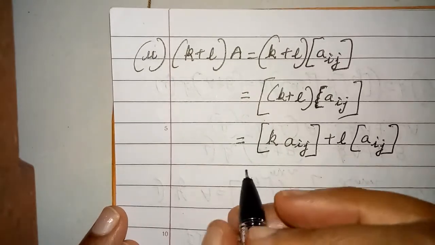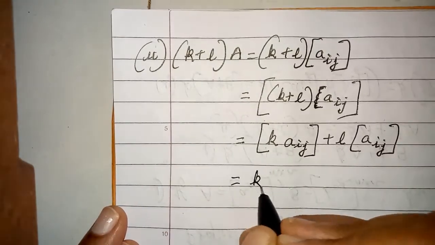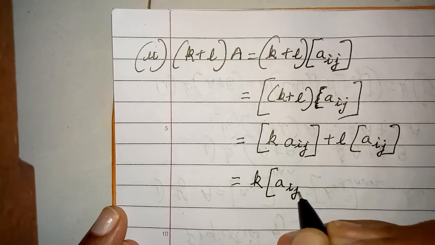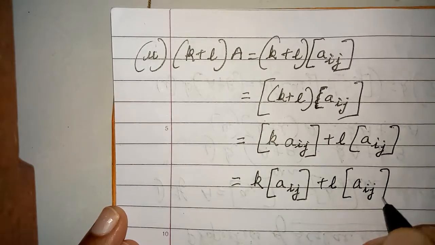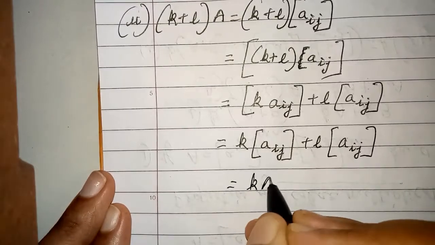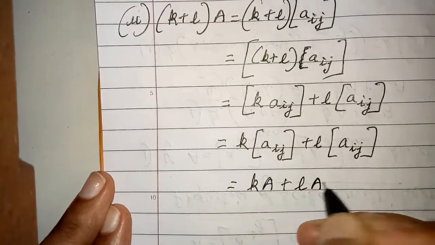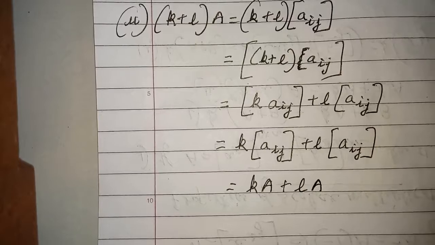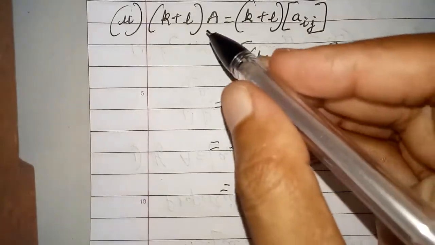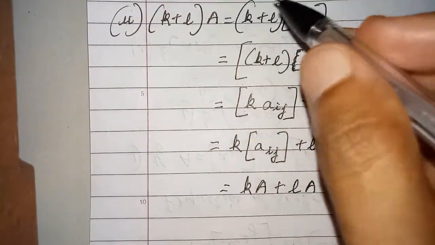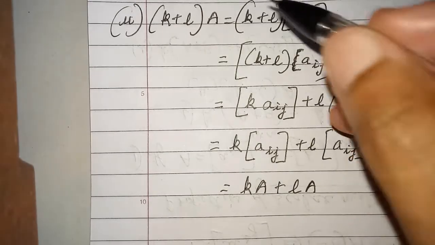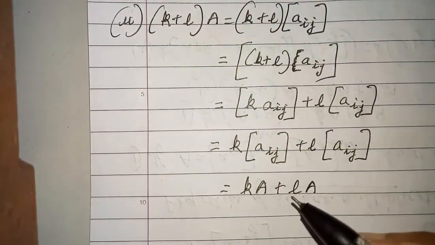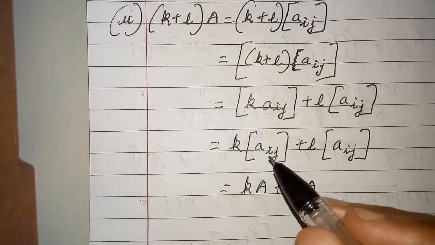Yes, children. Again, go traveling back, multiplication of a matrix by a scalar in the reverse way. So this is nothing but kA plus lA. Or you can do one more thing. I generally suggest my students, in this kind of case, to write the last step here. Then you can travel back this way and reach here, or if you move from here, you reach here, because kA means this.